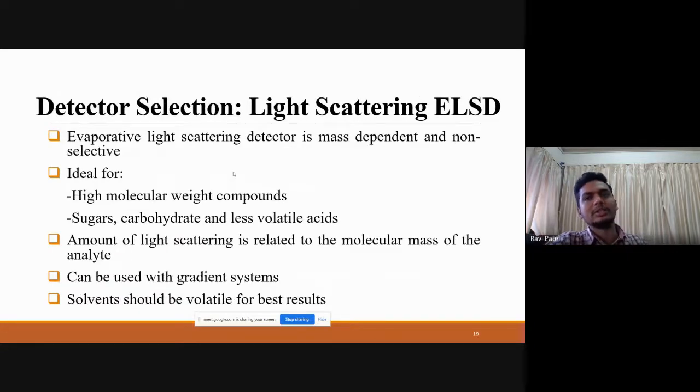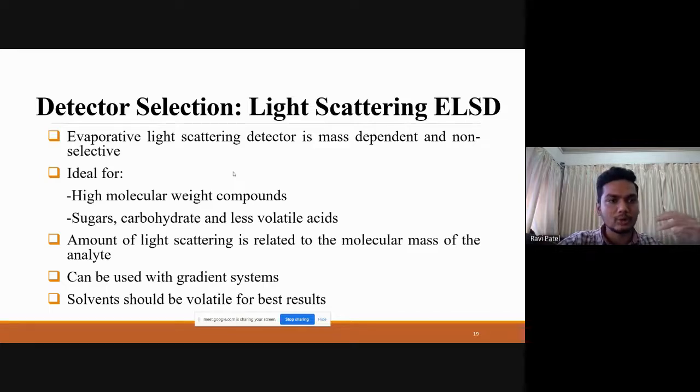Similar is the evaporative light scattering detector. As the name suggests, evaporative means evaporation of your mobile phase is going to happen, and light scattering means there is a laser beam. Our compounds are in droplet form, suspended in the gas stream, and they pass through the detector that has a laser beam and scatter that laser beam, and we get a result.